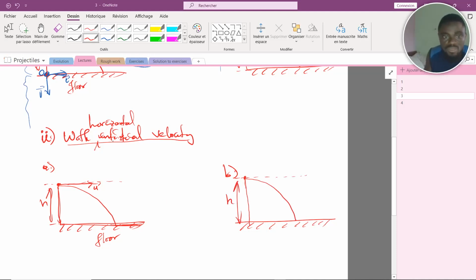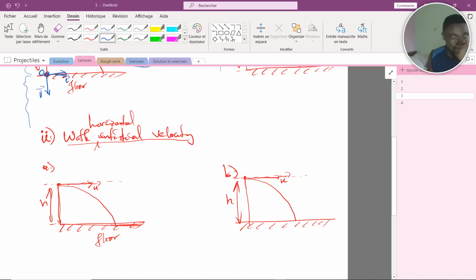They said that the initial velocity is horizontal, so this is our initial velocity. Is that okay? Now, having represented that, you see that the angle between the velocity here and the horizontal is 0, because the velocity is horizontal.